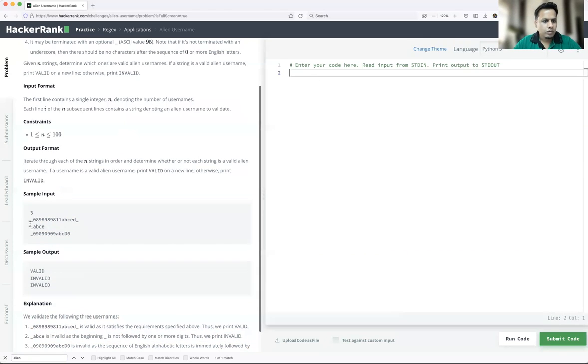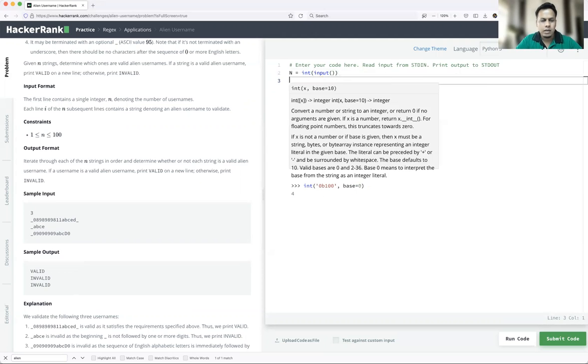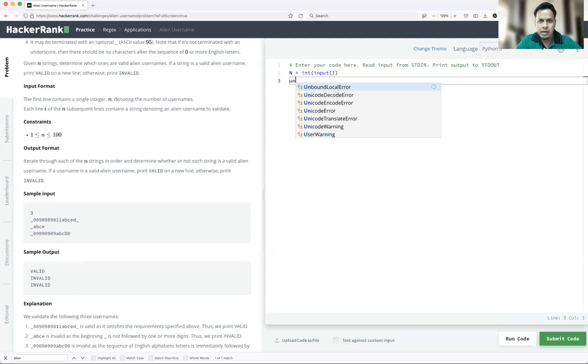So first thing is the sample input. What is the input? The number of test cases, or number of usernames. So I'll take n equal to int input. And for the username I'll use a shortcut, the variable name un, which stands for username, and I'll make a list of it.